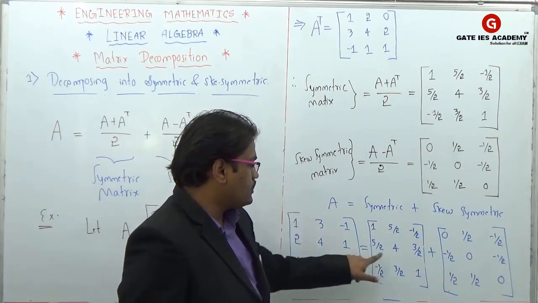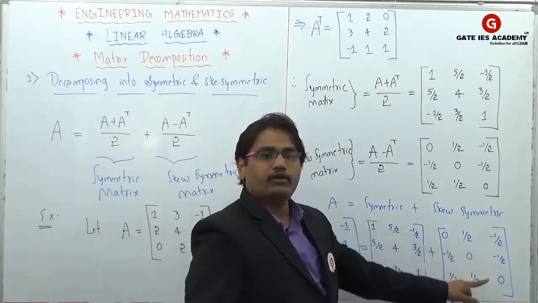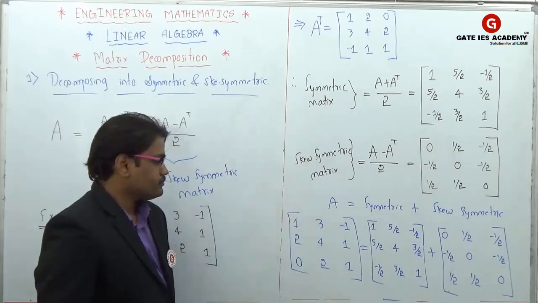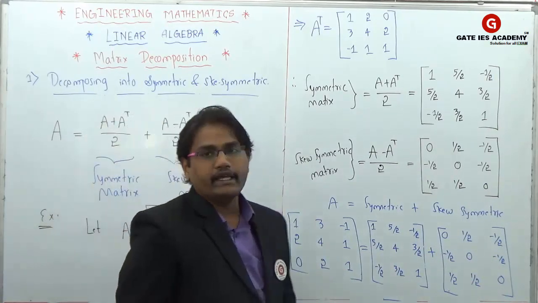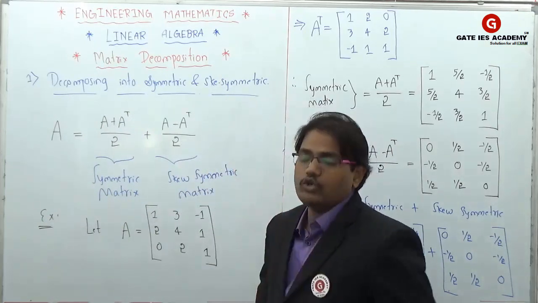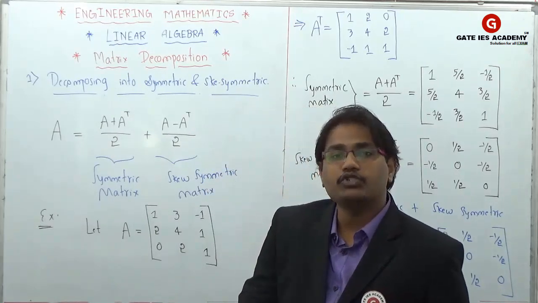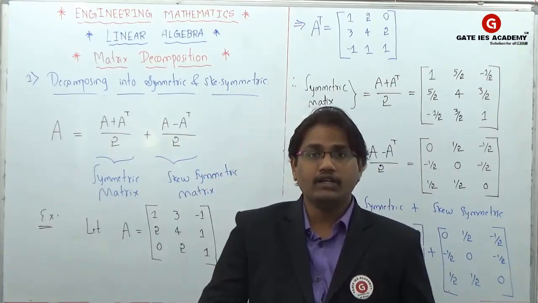And 4 is 4 plus 0. And 3 by 2 minus 1 by 2 is 1. So this is how to decompose a matrix into symmetric and skew symmetric matrices. Now let us see how to decompose into lower and upper triangle matrices.